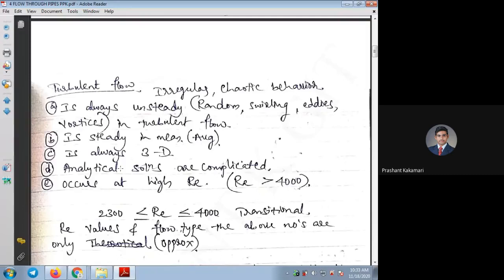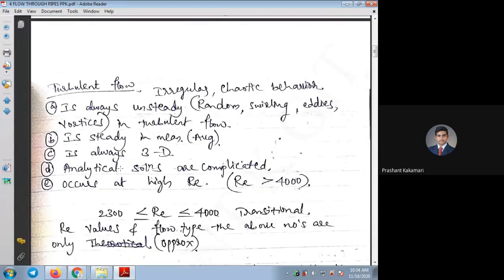If you focus only on turbulent flow, it will be irregular and chaotic. One cannot understand how suddenly the turbulent flow is changing, or how it is unsteady. It may be random flow, it may be swirling flow. Swirling means it rotates about the axis, and eddies or vortices are also found.